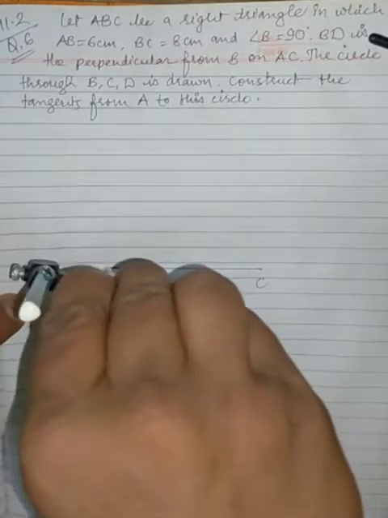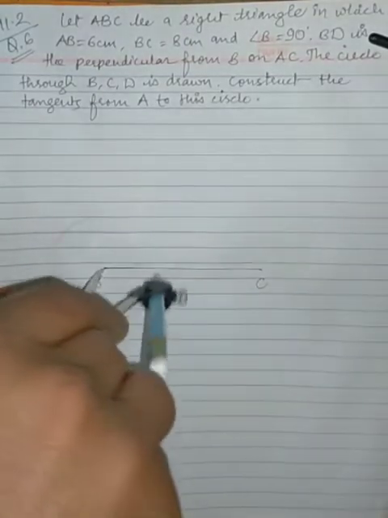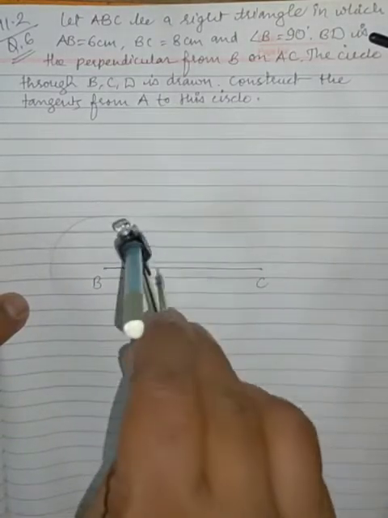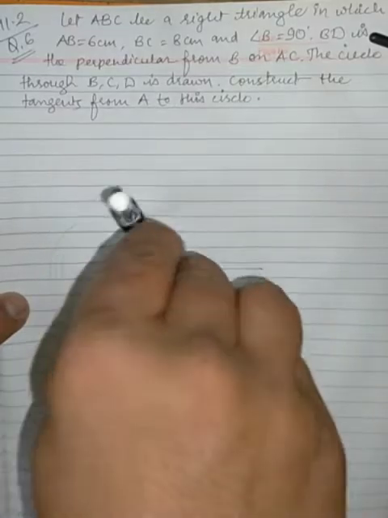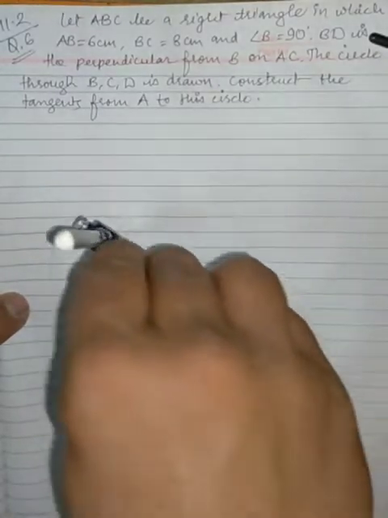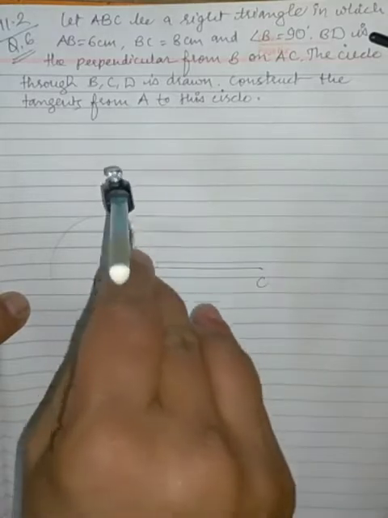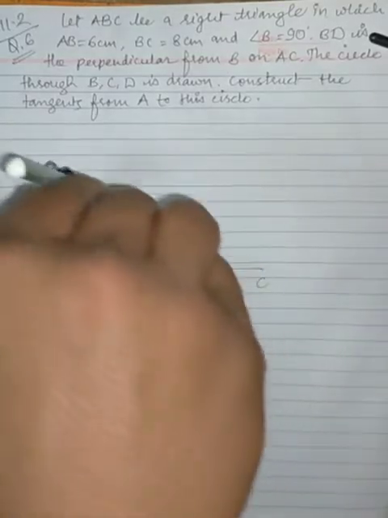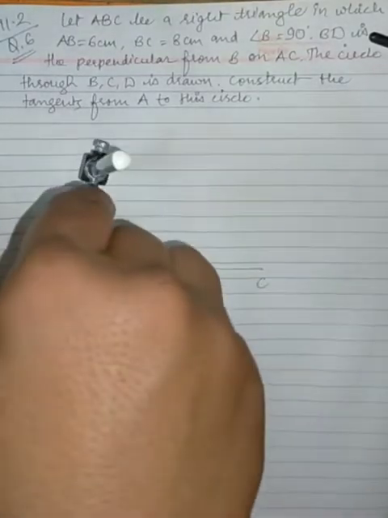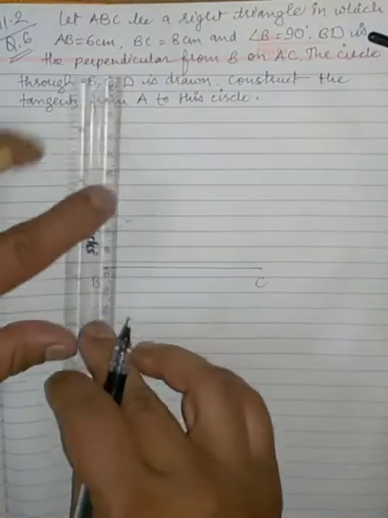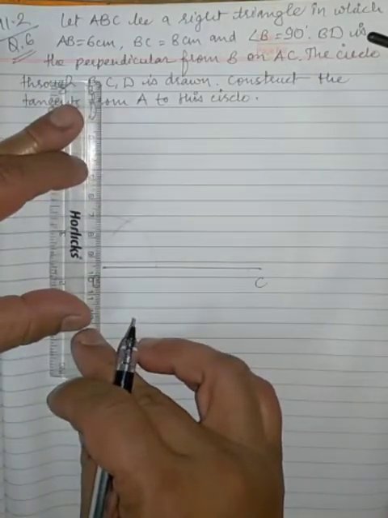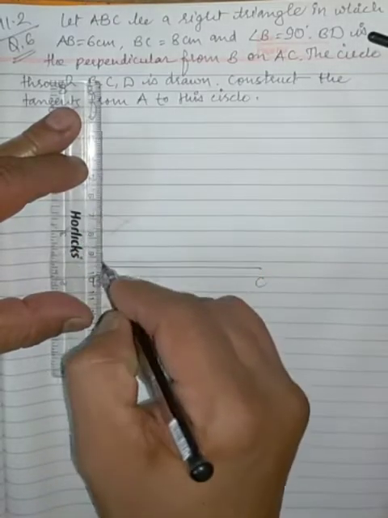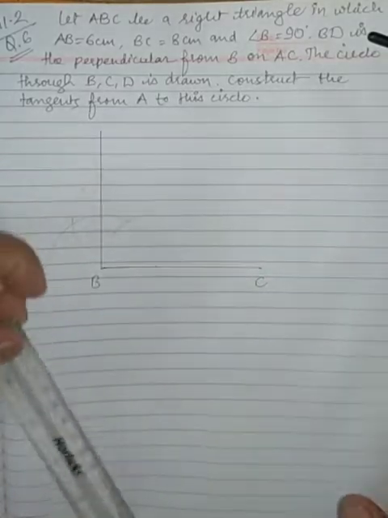From B, draw an arc of any radius, and from the point of intersection, without changing the radius, draw two arcs, one of 60, then from 60 another arc of 120, and from 60 and 120 two arcs to get our required angle of 90 degrees. This is our required angle of 90 degrees.